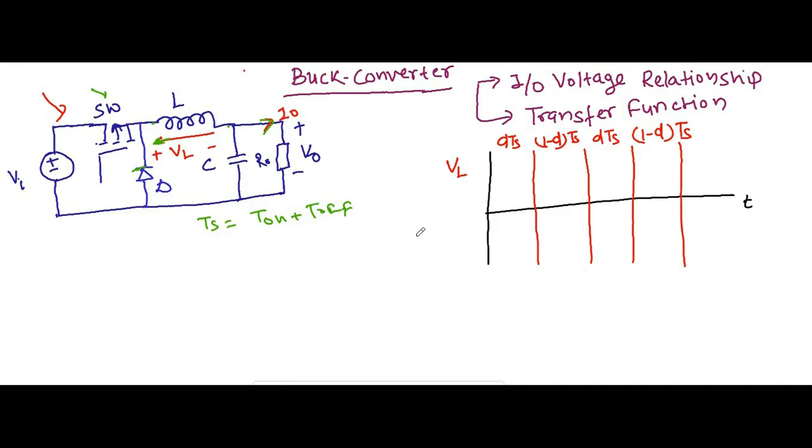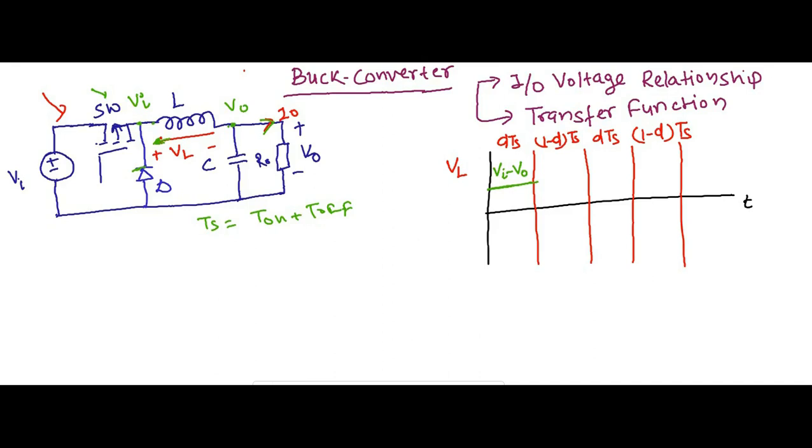To find the voltage across the inductor, at this point you have Vi, and at this point you will have V0. So the voltage across the inductor VL equals Vi minus V0. The voltage across the inductor for the on time period, or DTS time period, is given by Vi minus V0. This is when your switch is on.